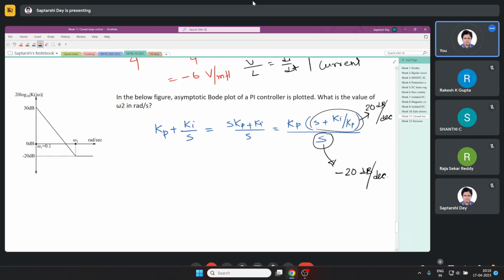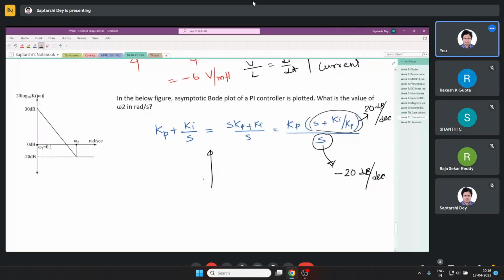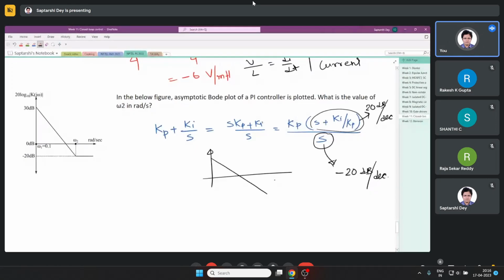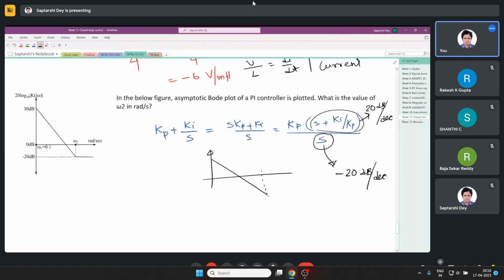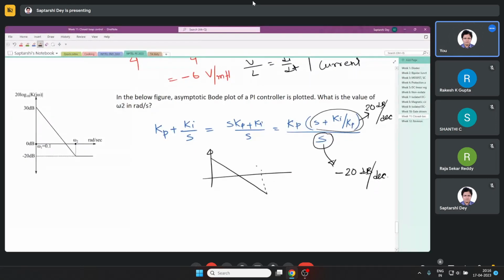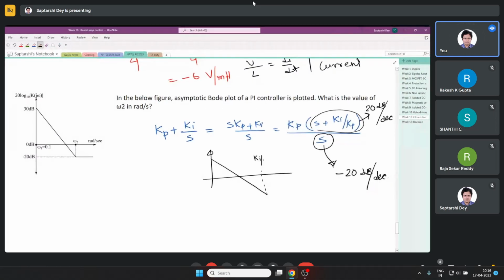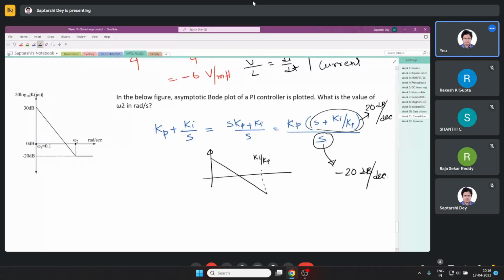So what will happen is initially it will start with minus 20 decibel per decade. It will reach somewhere at Ki by Kp, where this plus 20 decibel per decade will also come into the picture.